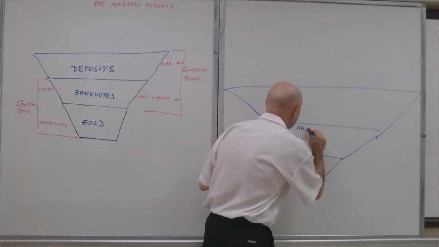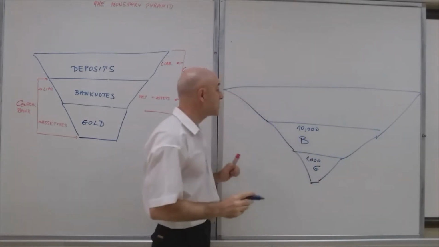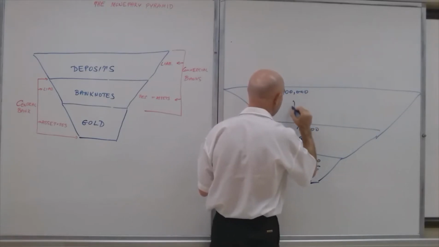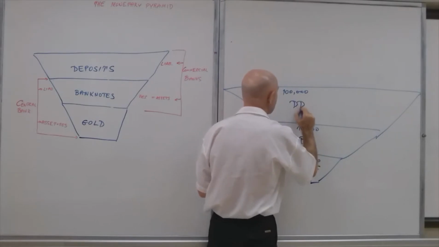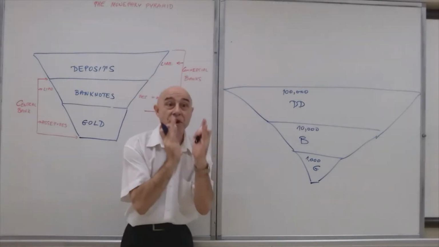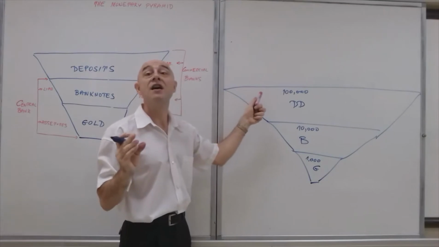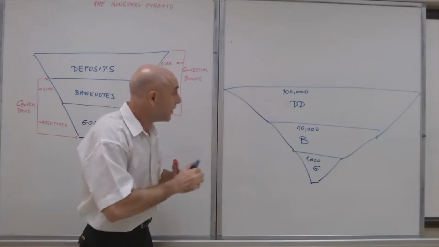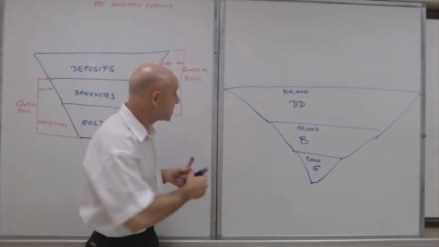You're going to have 10,000 units of banknotes. You're going to have 100,000 units of deposit. Okay, I'll shorten them DD, which stands for demand deposits. Alright? So, the pyramid gets wider and wider and wider as the multiplier increases.